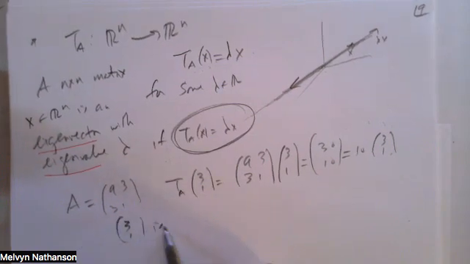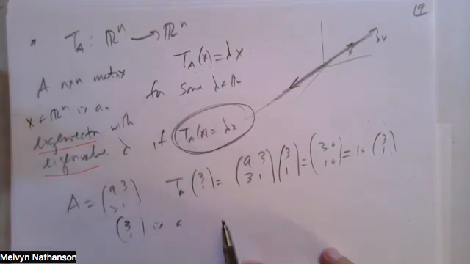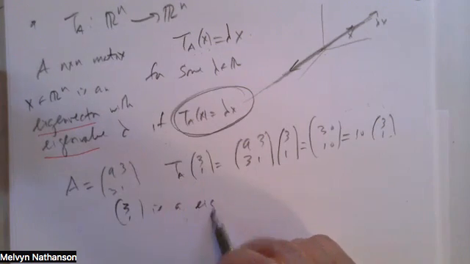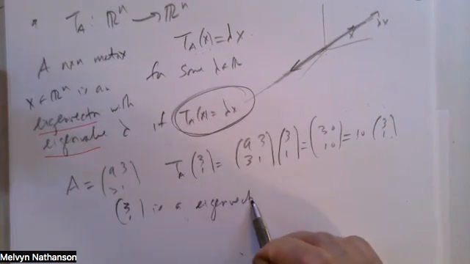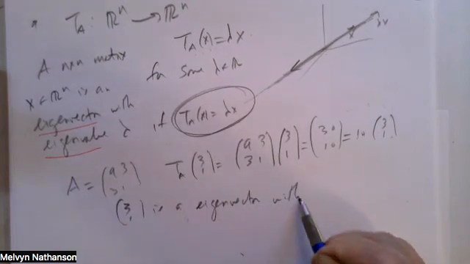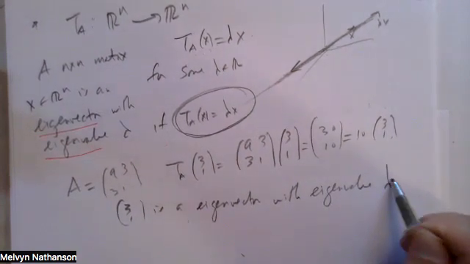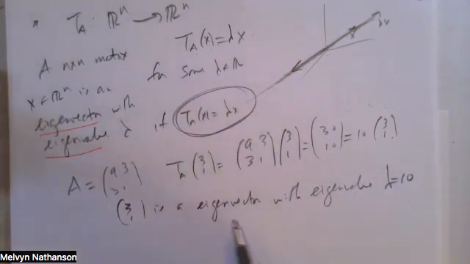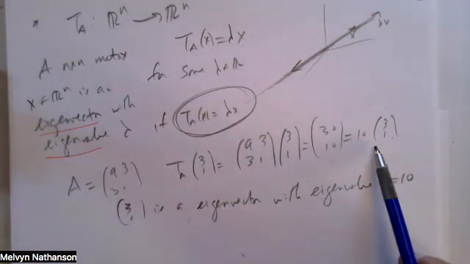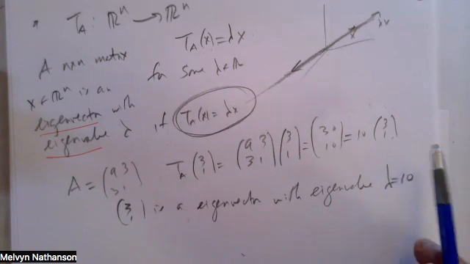So 3, 1 is, for this function, an eigenvector with eigenvalue lambda equal to 10. When you apply this linear transformation to this vector, it just stretches the vector by a factor of 10.